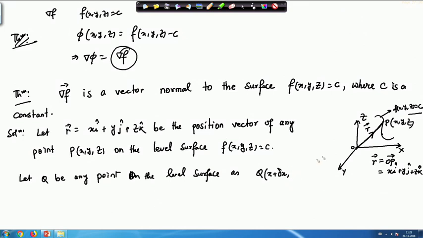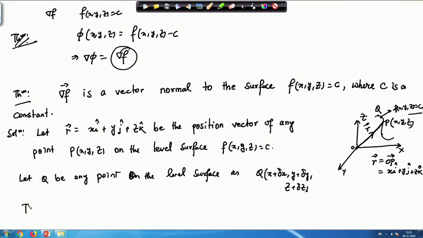It is a small increment. I can assume Q somewhere either here or here, it is up to you. So, it is a neighboring point to the point P on the level surface f(x,y,z) equals c.